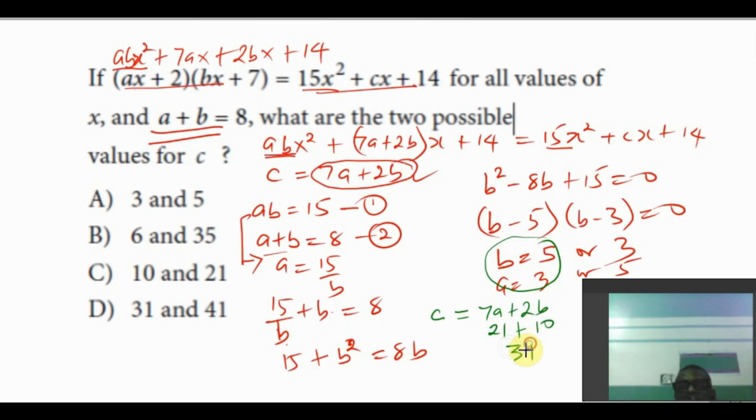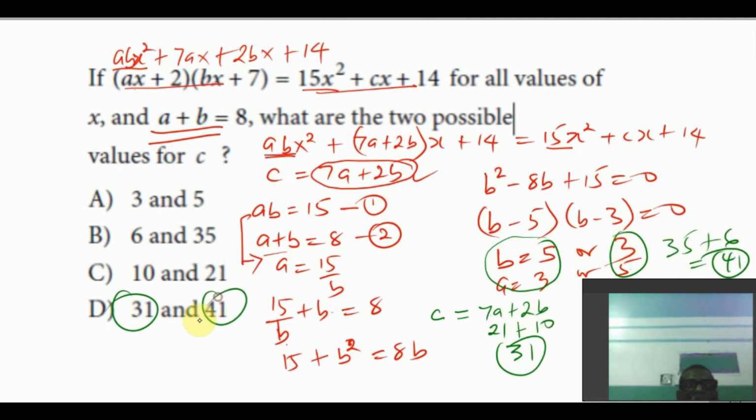So this is 31. The only 31 here is in D. But let's check this value here. If a is 5, 7 times 5 is 35, plus b is 3, 2 times 3 is 6. So when you add them together, you get 41. So our answer here is D.